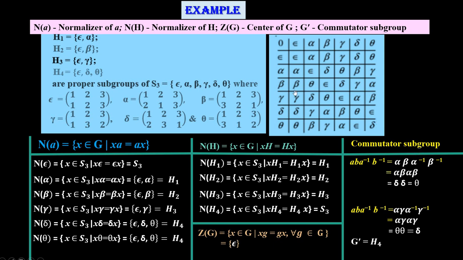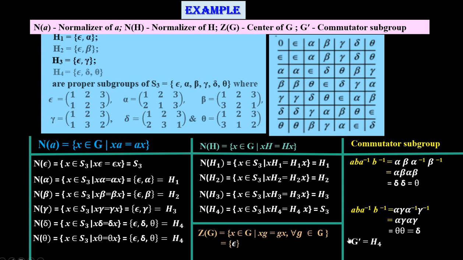But alpha beta is delta, so the commutator becomes delta theta. And similarly, when you consider B to be gamma and A to be alpha, on computation you get that to be delta.